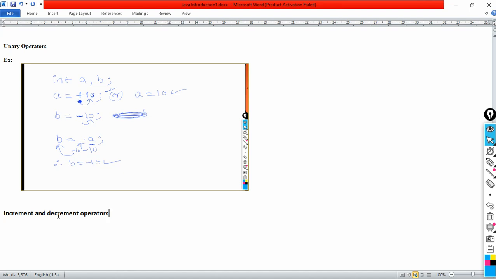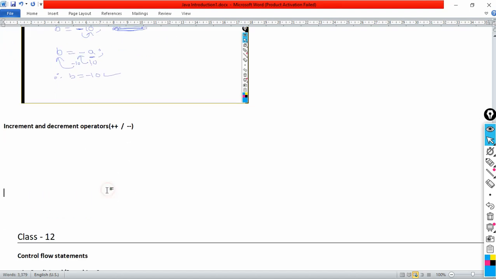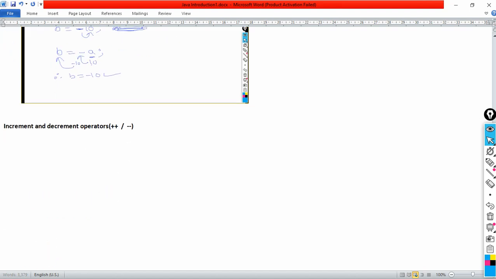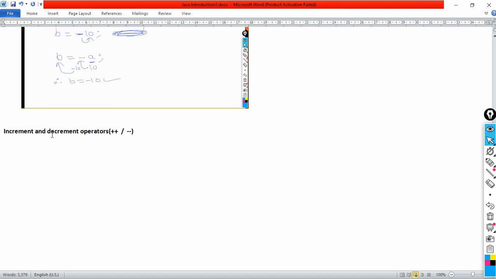That is plus plus and minus minus. These plus plus and minus minus operators are unary operators. So what is the use of them? Plus plus or minus minus increments or decrements the value of a variable by 1. Okay, it increases or decreases the value of the variable by 1.